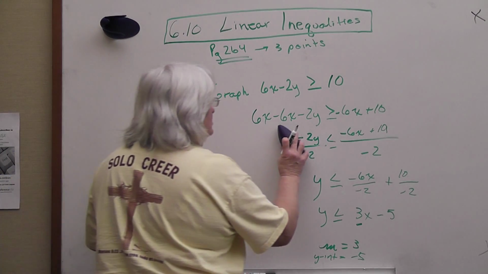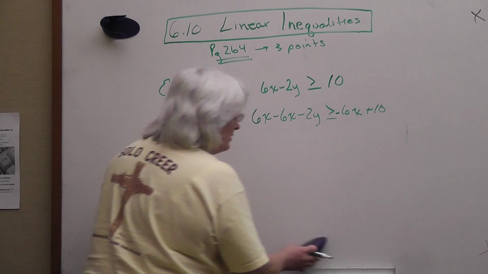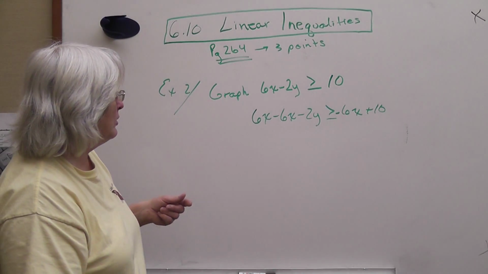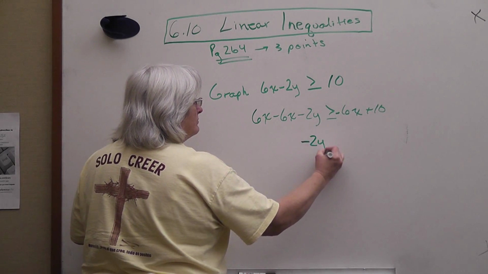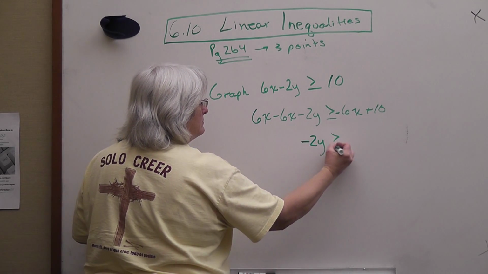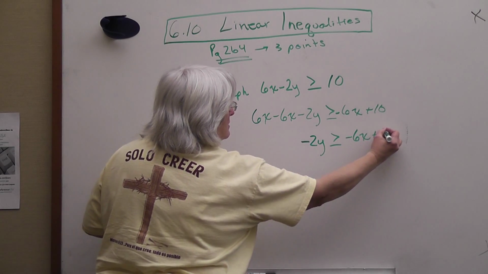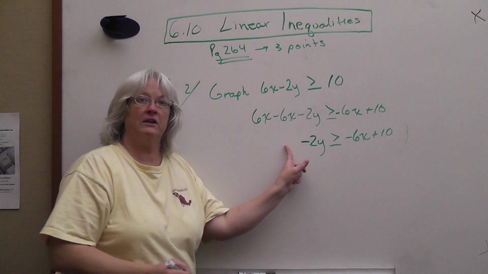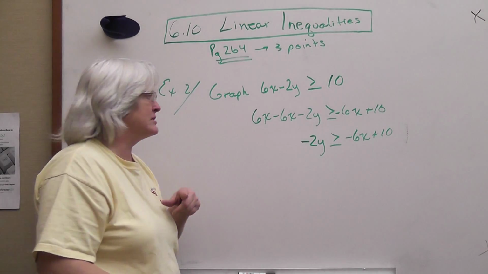I want to show you how it would look, just as a point of review, if you multiply both sides of the inequality by the reciprocal of the coefficient. Negative 2y greater than or equal to negative 6x plus 10.